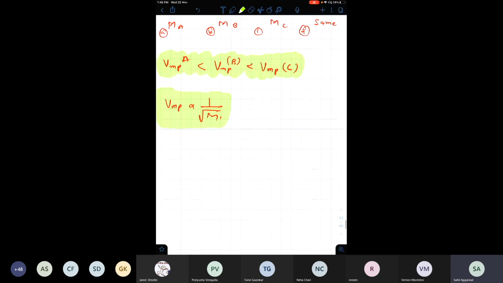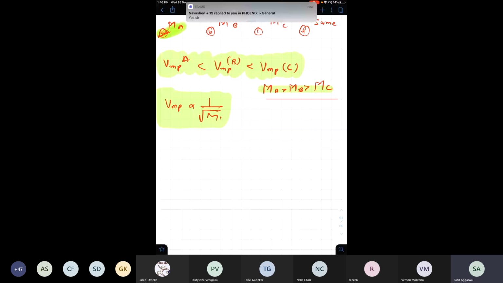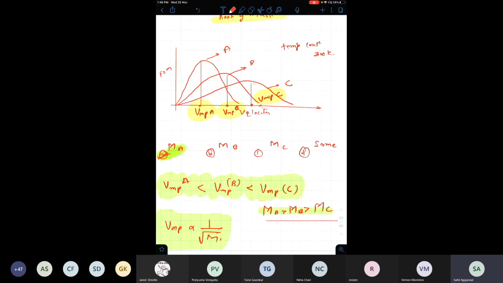Understood? A is the answer. Very good. Now, Ashin, Ramchandra, Manhaj, Pratyusha, Sia. Very good. Understood all of you? कल थोड़े से न्यूमेरिकल करेंगे और रियल गैस स्टार्ट करेंगे.